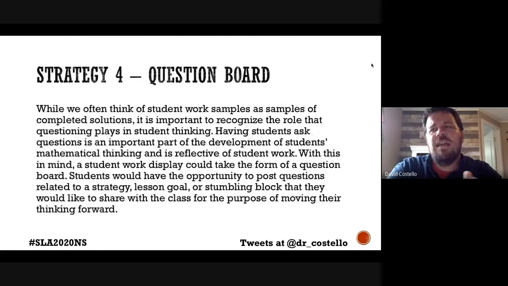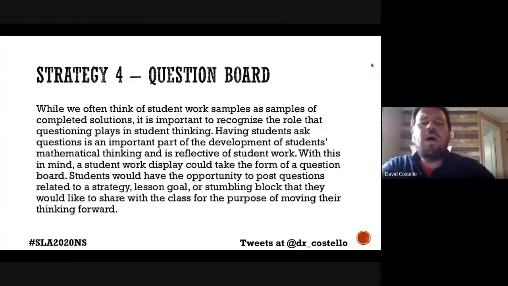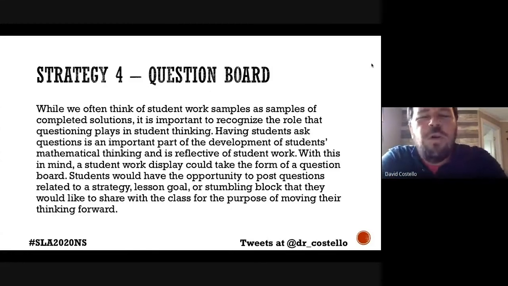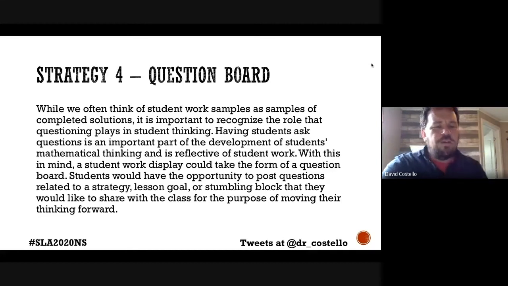So one of these things that I want you to think about, and it supports problem solving, is a question board. While we often think of student work samples as samples of completed solutions, it's important to recognize the role of questioning in student thinking. Having students question is an important part of the development of students' mathematical thinking, and it's reflective of student work.